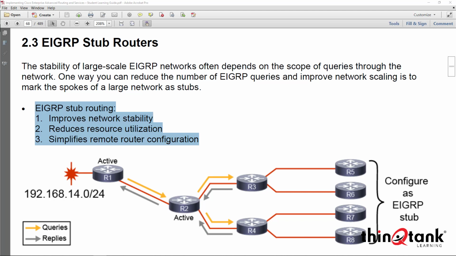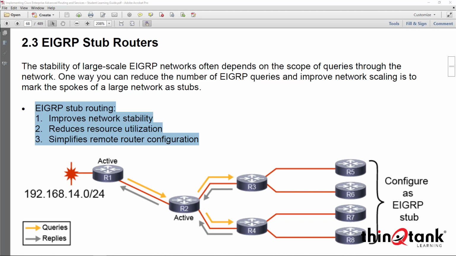It simplifies the configuration, especially if we have a physical topology that looks like a hub and spoke topology, and we would simply enable the stub routing feature on those spoke routers, even if we have dual-homed remote routers as spokes, right? Because we still don't want to query spoke routers to identify routes that might be lost in the corporate network or at the hub.